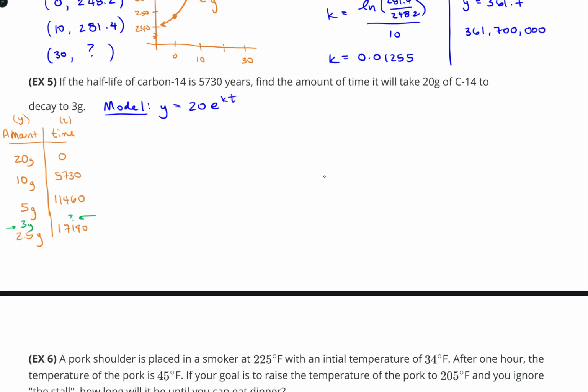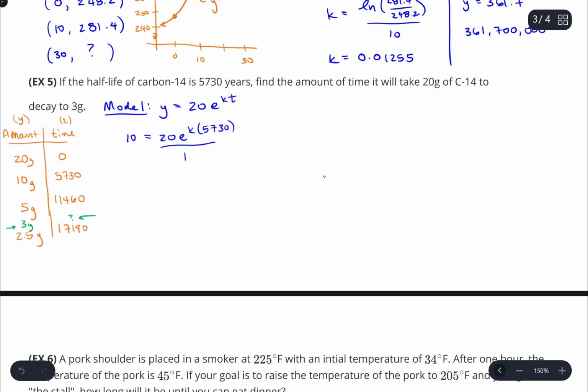And then we have this point next here that there's 10 grams remaining after 5,730 years. So there's 10 grams left once we let the time pass to 5,730.